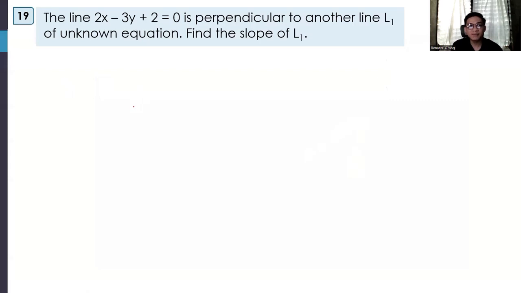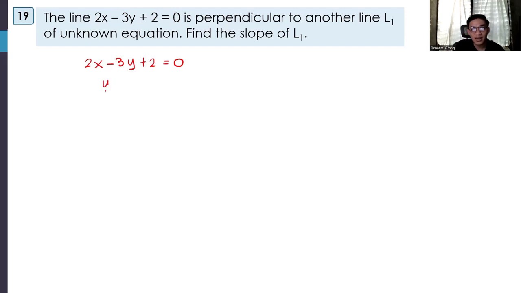Number 19, we have the line 2x minus 3y plus 2 is equivalent to 0. Is perpendicular to another line, L1, of a known equation. Find the slope of L1. So for this one class, kukunin muna natin yung slope ng ating line na binigay. We have 2x minus 3y plus 2 is equivalent to 0.